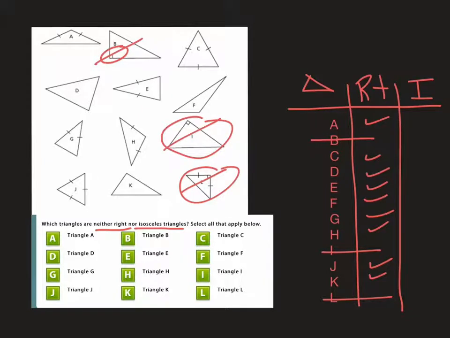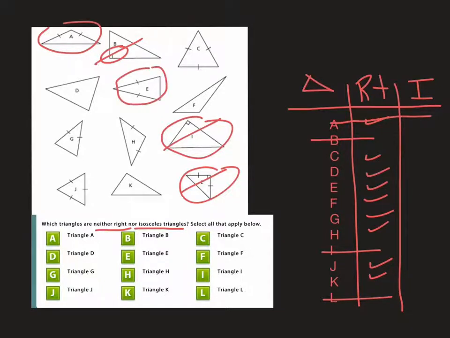So I've crossed out the ones that are not right triangles, and I've put a check by all the ones that are right triangles. So now I'm looking for ones that are not isosceles. So any isosceles triangle I will also take out of the possible answer. So looking at this, A is an isosceles triangle. So that eliminates that because we're looking for triangles that are not right and also not isosceles.